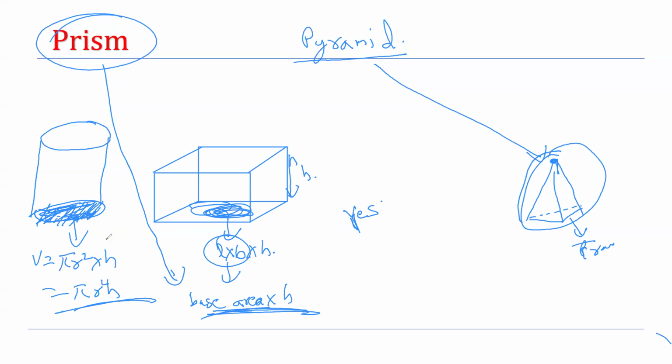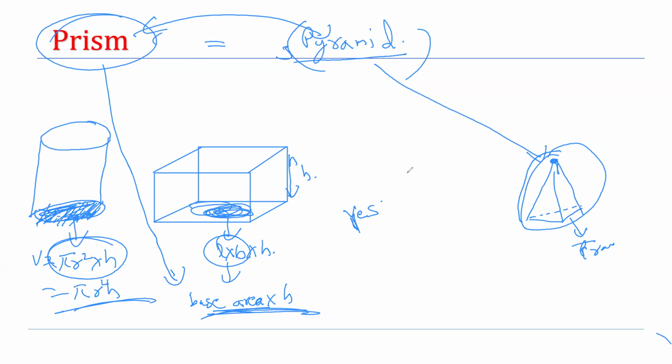Did you understand this? Yes, sir. What about cone? I'll tell you. The difference between prism and pyramid is that three pyramids equal one prism of the same base area and height. If the base area and height are the same, in one prism we can fill three pyramids. Do you understand that?